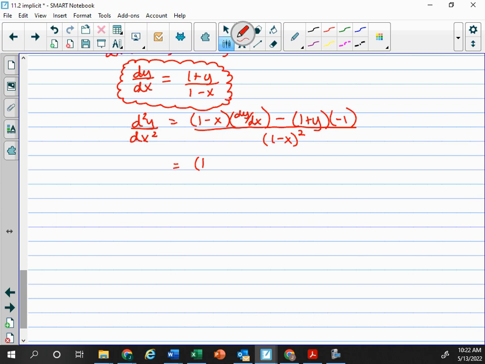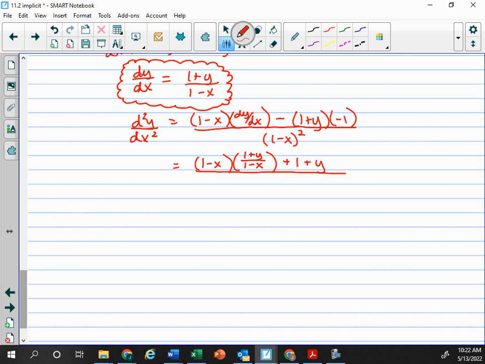So I now have 1 minus x times 1 plus y over 1 minus x. And then I'm going to go ahead and distribute and deal with the negatives over here. Negative times -1. Do you guys see that would just be plus 1 plus y? Okay, there.